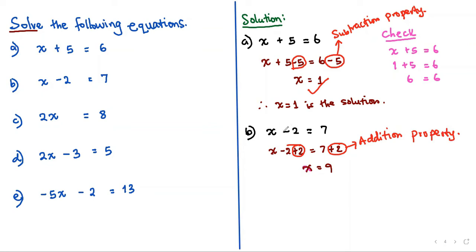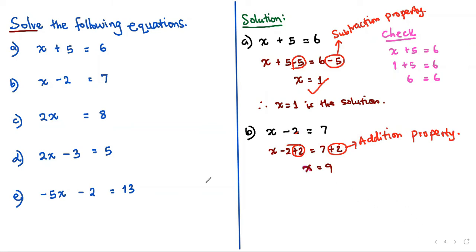So note that if you have minus, like minus 2, you will use plus 2. But that plus 2 must be done on both sides. We are doing that so that we remain with x alone on the left-hand side, so that we come up with our solution.